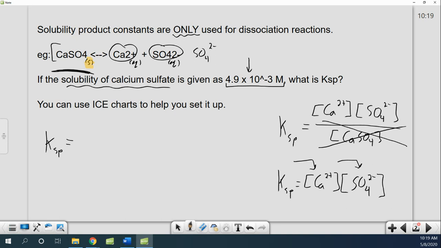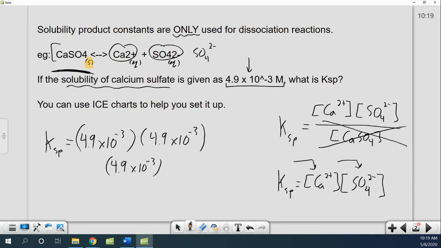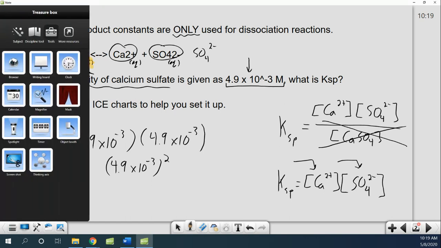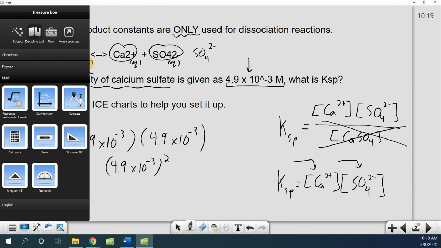So KSP is just going to be 4.9 times 10 to the negative 3 times 4.9 times 10 to the negative 3. Or if you want to simplify it, you could do just 4.9 times 10 to the negative 3 squared. Both should work. Let's open up my calculator here.